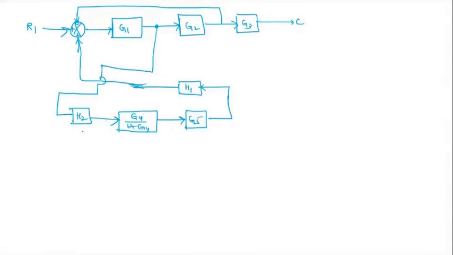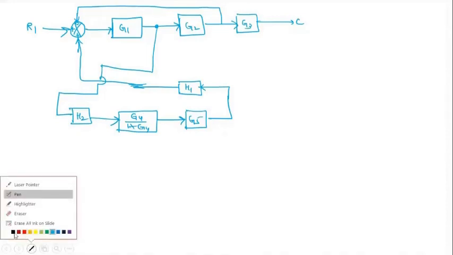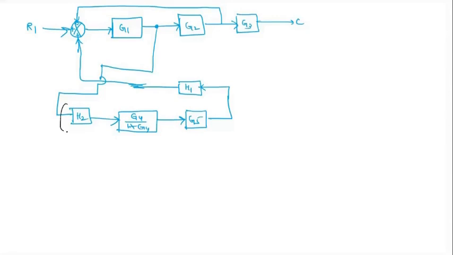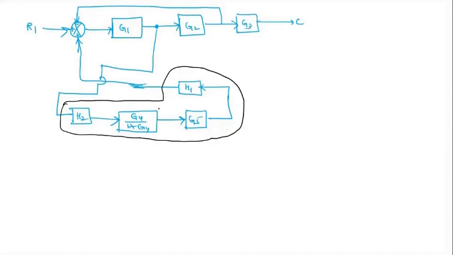If you look at this diagram, these four should be in series. So what are the four? Let me highlight. This is H2, G4 by 1 plus G4, then G5 and H1. These four terms should be cascaded.